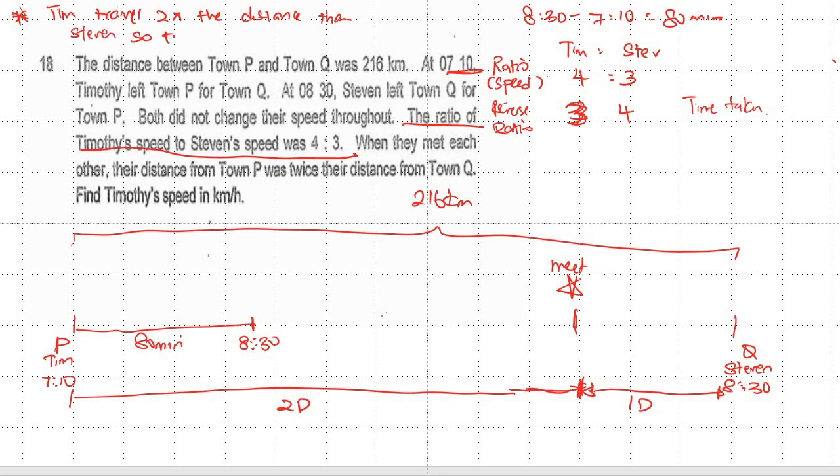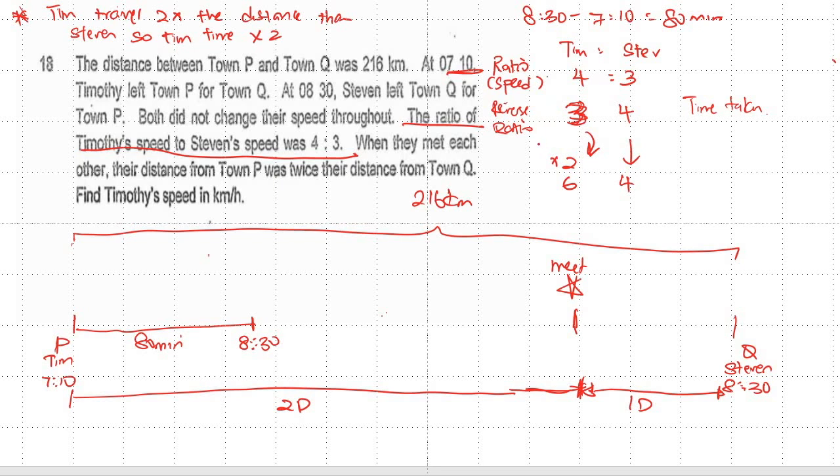So Timothy's time is also times 2. So over here, Timothy must times 2, which is 6, and then this one remains.